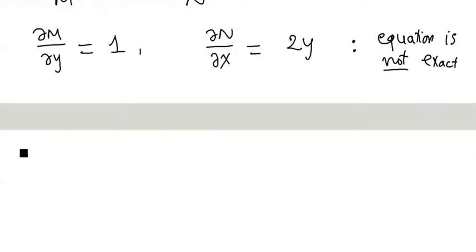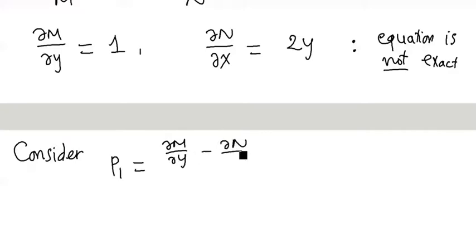So, as usual, let's consider two things. Consider the first, P1, is partial M partial y minus partial N partial x over N. We need to check this, and if it does not have y, it has only x, then we can find the integrating factor. But let's see what it is.